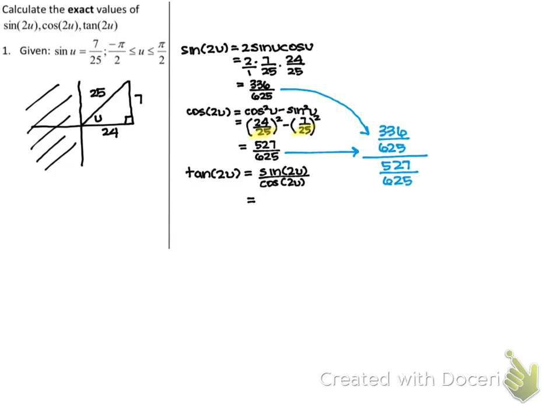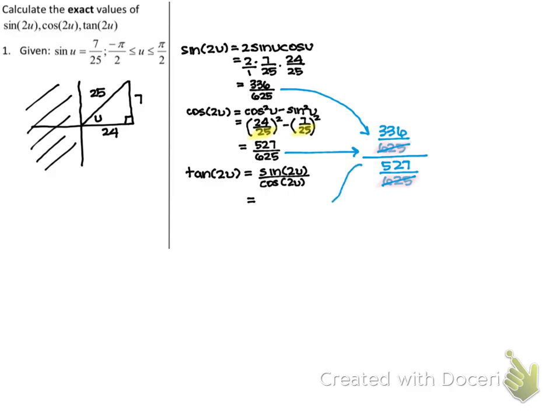Remember, this is a division problem. When you divide by a fraction, you technically multiply by the reciprocal. We've done this for a while. If the denominators of both of these fractions are the same, they cancel with that multiplication happening. So actually, I just get 336 over 527.